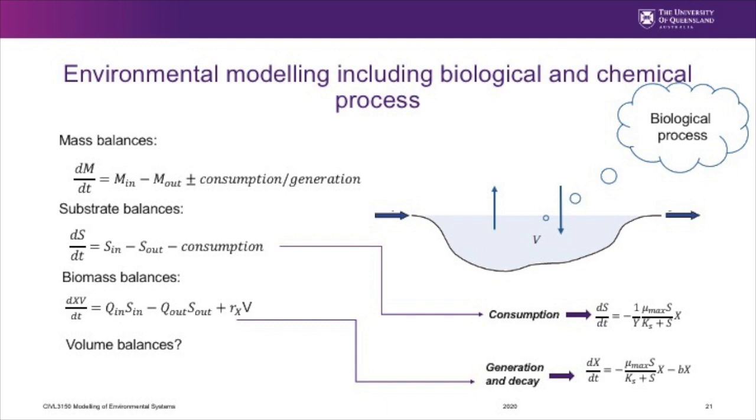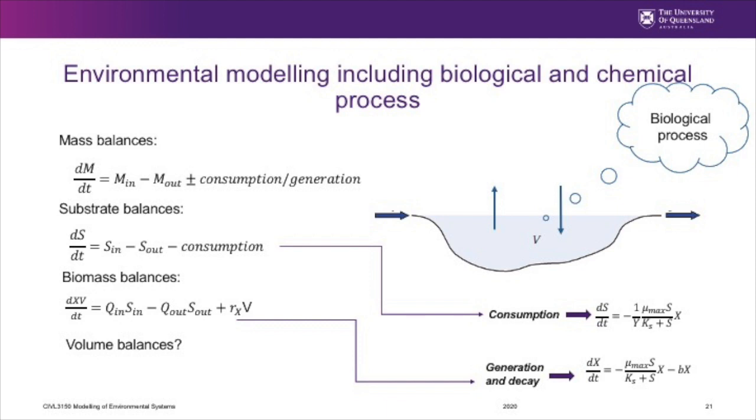But let's think about other types of biological processes that may actually generate or release that substrate. For instance, if we have sedimentation, some nutrients may be released with time. So then we have other processes going on. This term of consumption is the one from the equation that we just saw in the Monod kinetics, right?